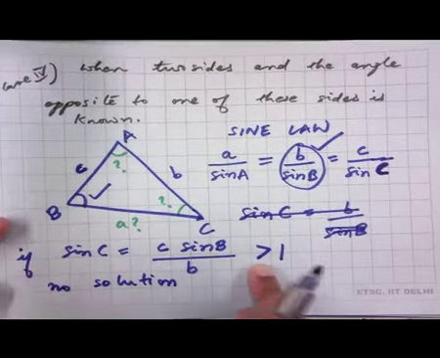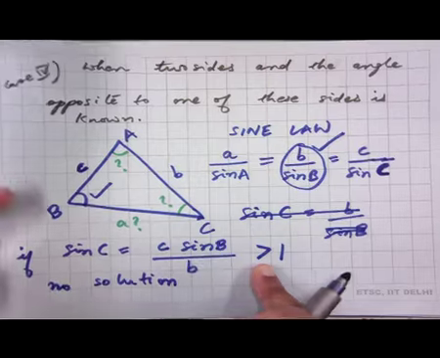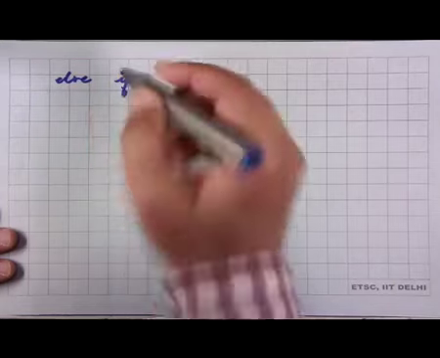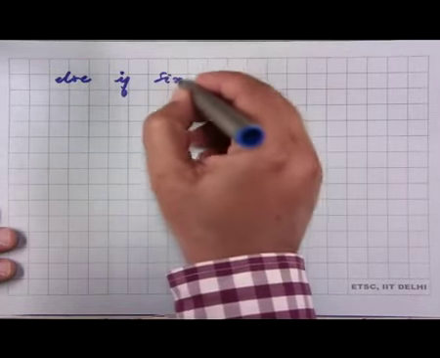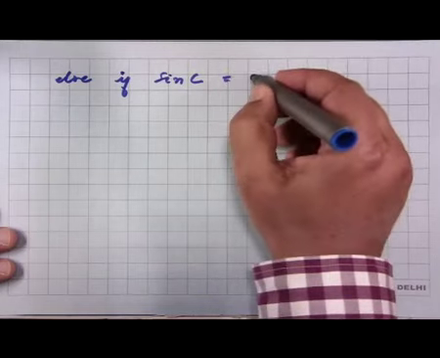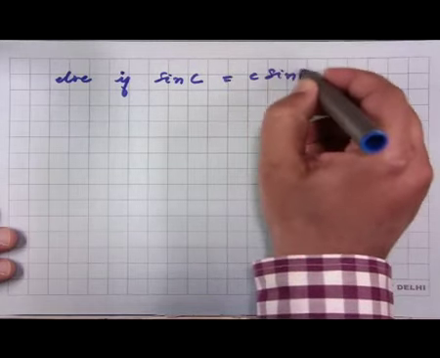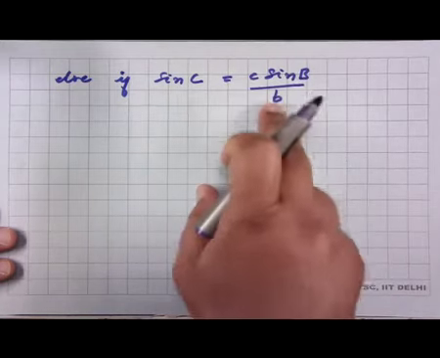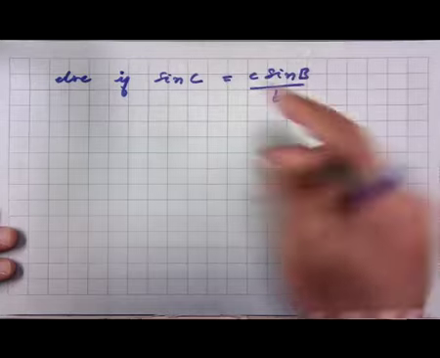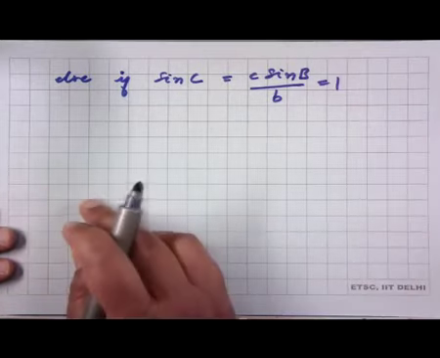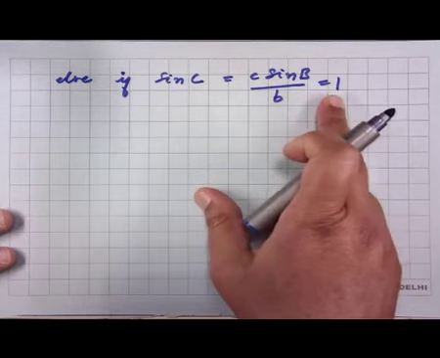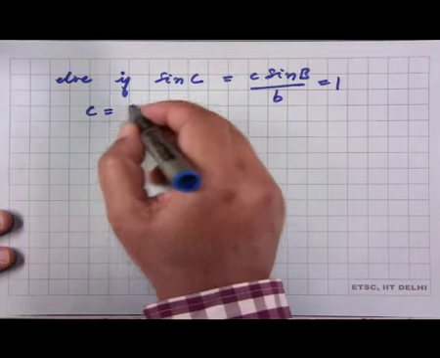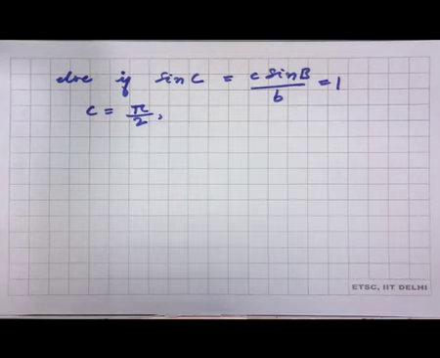Now, instead of being greater than 1, what if this is equal to 1? Else, if sine of angle C, which we have calculated to be c times sine angle B upon b, is computed from the given c, b and angle B and found to be equal to 1, that means sine C is 1, and in this case the only possibility is that C has to be equal to 90 degrees.